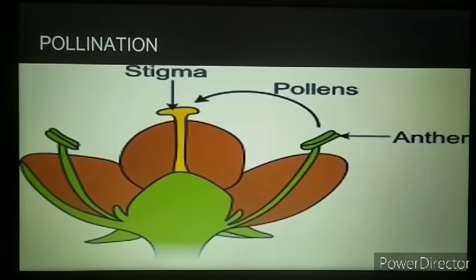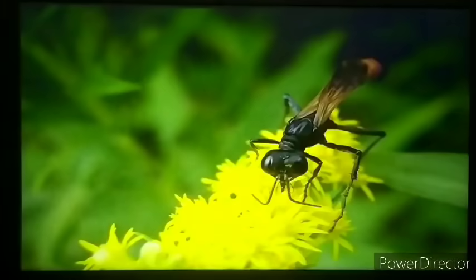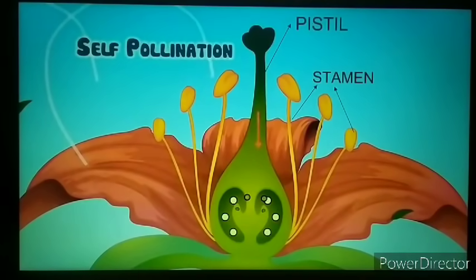First, let's talk about self-pollination. In self-pollination, as it is very clear from the word itself, the name suggests that if the pollen grains are transferred within the same plant, then we'll say it's self-pollination. Self-pollination takes place in two ways.